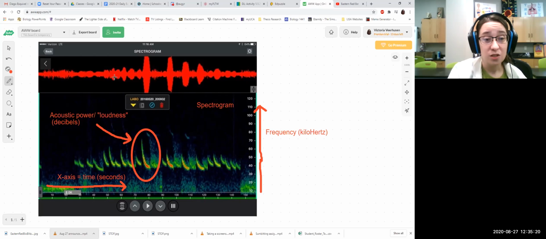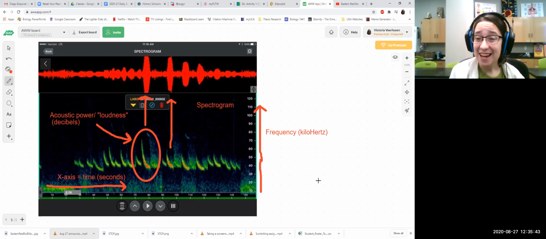And you can also see it up here. So you can see that whenever you see the red here, it matches with the loudness spike right here. There's another one right here, and it correlates with this one here.